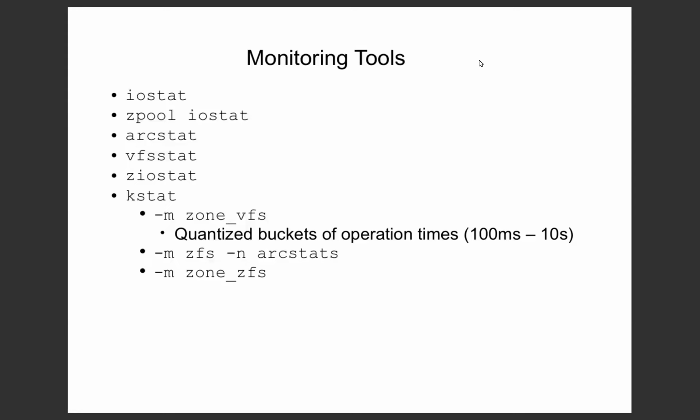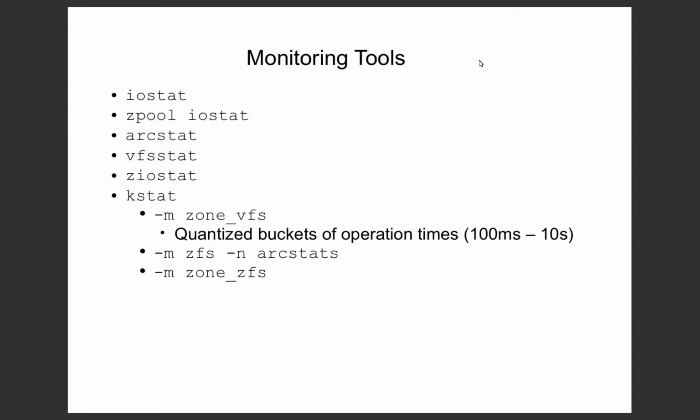But if you did have multiple pools, you could see what the disk activity is for a specific pool, which could be interesting. I just haven't found this to be that useful myself, but maybe other people have, because you're essentially getting the view from ZFS of what activity is happening on each of the vdevs that correspond to the disks that make up the pool.